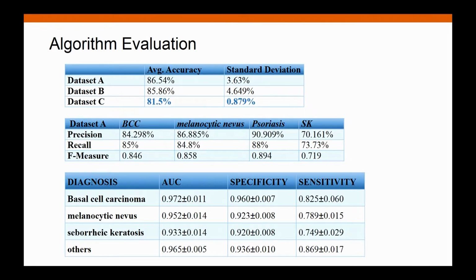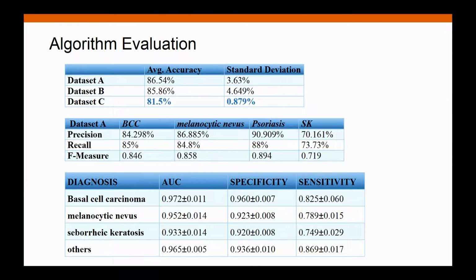We can also notice that for dataset C, even though the number of images for training improved a lot, the accuracy actually dropped. But remember that we use a different category setting for dataset C. The first category contains multiple different skin diseases, and we believe that is the reason why the accuracy dropped.